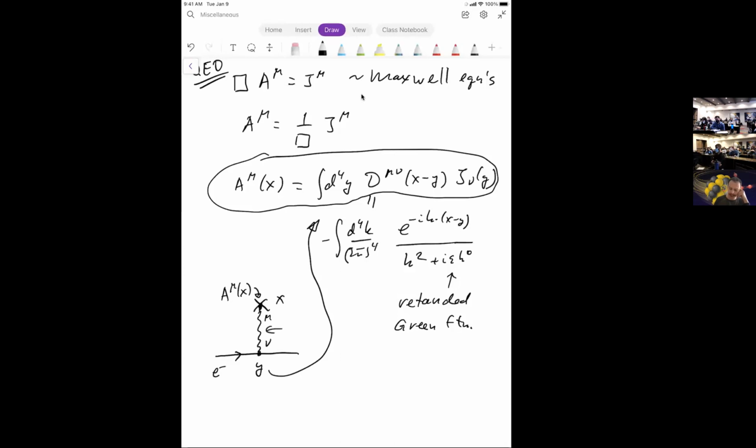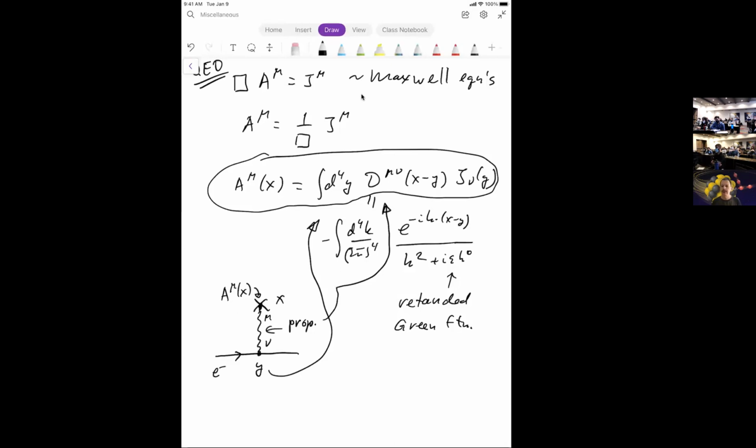I keep saying gluon when I declared that I'm talking about QED, but I hope it doesn't cause any confusion. In QED, of course, the wiggly line is a photon. If it was QCD, it would be the gluon. This line still brings a propagator, D mu nu. So classical fields correspond to Feynman diagrams.